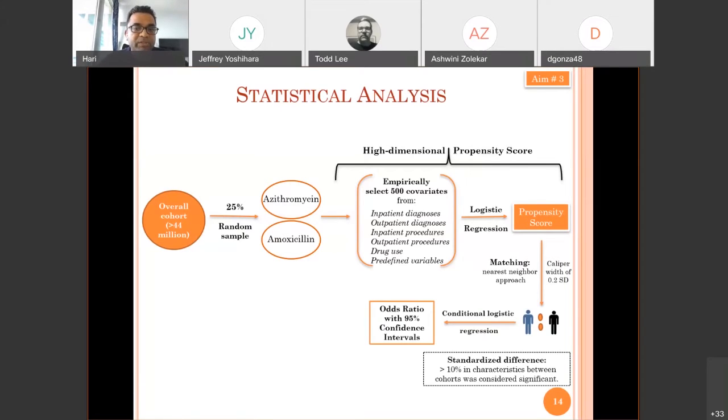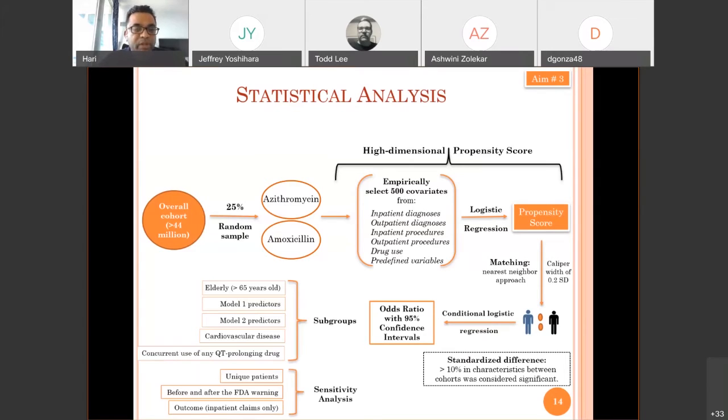And then we used the propensity score to generate a conditional logistic regression model, and we generated an odds ratio with 95% confidence interval. And then we looked at several subgroups, and these subgroups were pre-specified based on the understanding from the previous literature. And then we also performed a few sensitivity analyses to make sure our overall findings were robust.